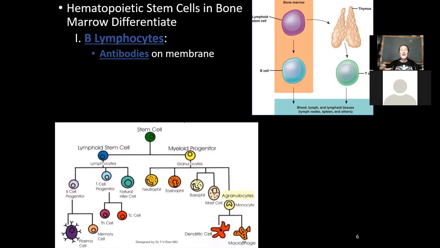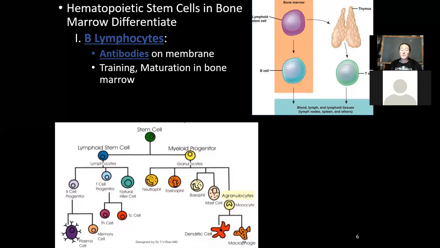So we have a series of different B cells, each one expressing different antibodies on the surface of their cells. And that's actually what is being shown down here. Each one of these little Y-looking fellas is a type of antibody, and so it's going to recognize a particular antigen.